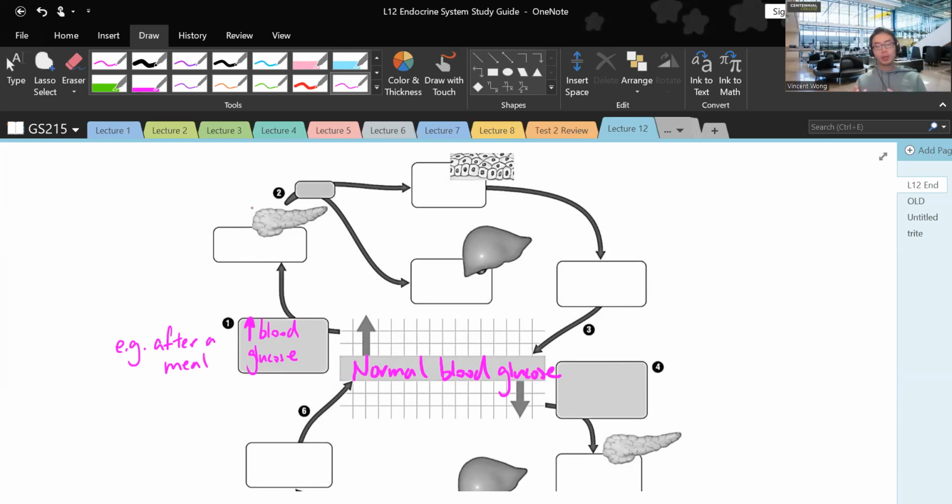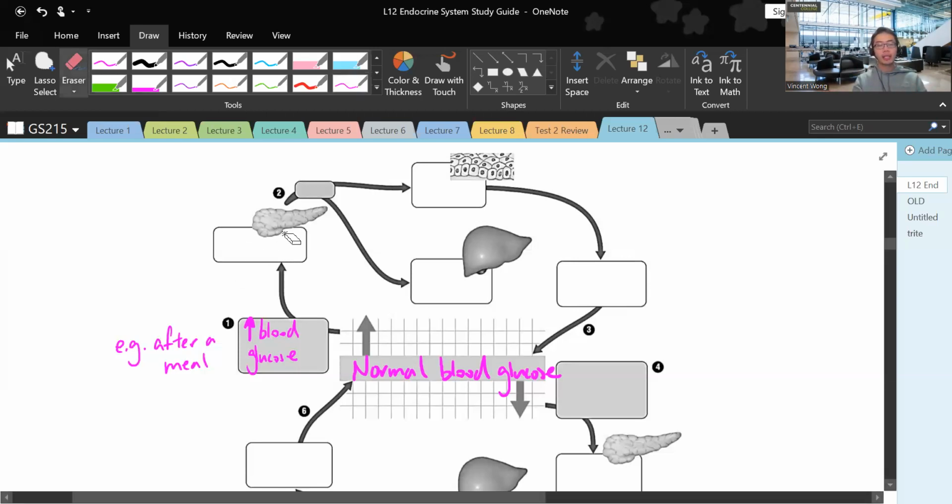Okay, so exocrine gland secretes through a duct where, you know, the pancreatic juice goes to the duodenum. That's an exocrine function. But endocrine, it would secrete directly into the bloodstream. Okay, so in this case, the pancreas have two types of cells inside. There is the beta cell as well as the alpha cell.